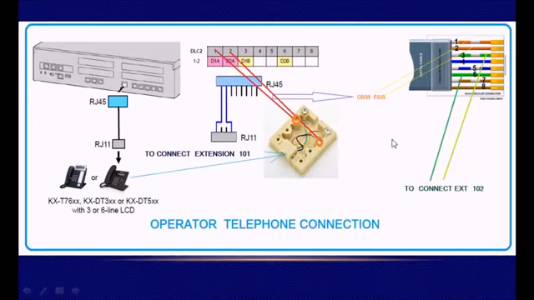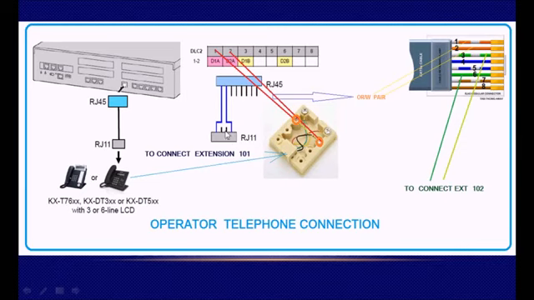In detail, orange white and orange will be used for connecting extension 101, but we must connect it to number 1 and 4 on the connection box, which is the outer pin 1 and 4.